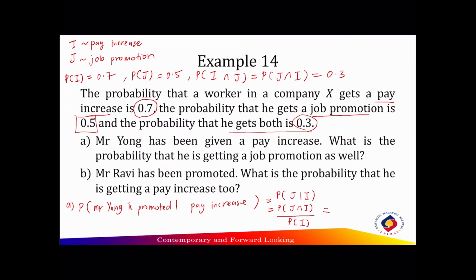That will give us 0.3 over 0.7, and we can get the answer of 3 over 7. So that is for question A.